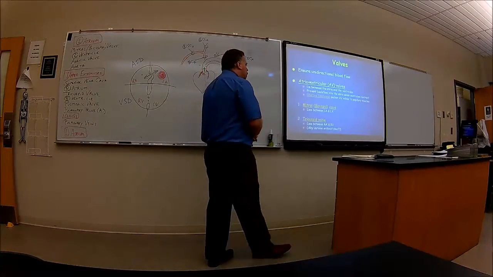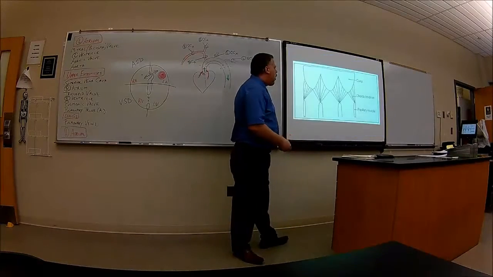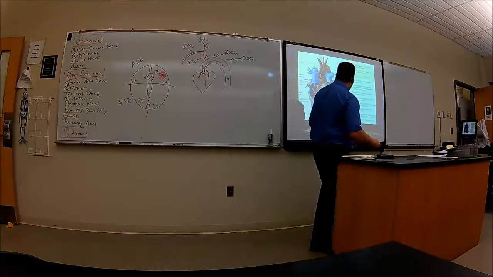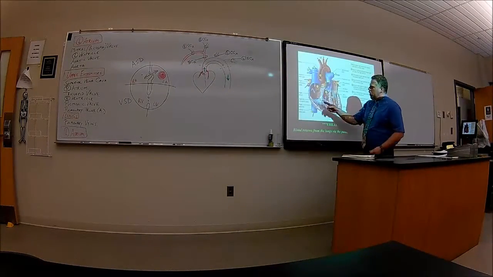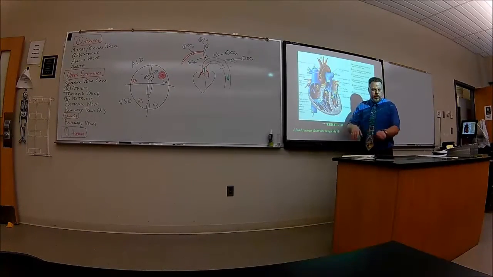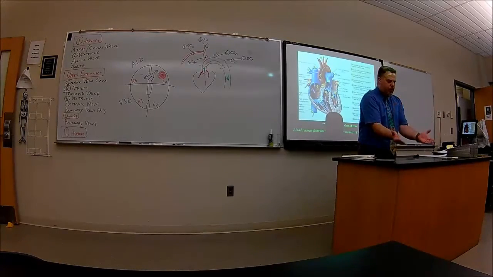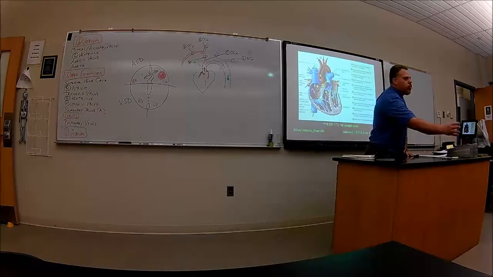The way it's set up, if I take this valve and I open it up here, like I put a slit over here, so let's say the valve is this way, so you're looking down it. So here's the valve, and blood goes through here.